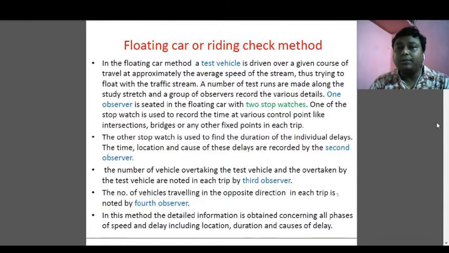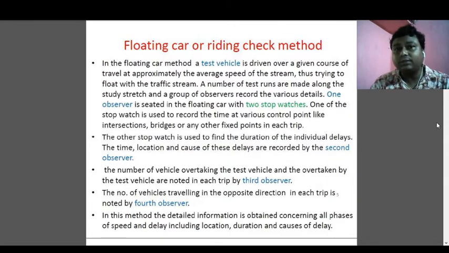A number of test runs are made along the study stretch, and a group of observers records the various details. One observer is seated in the floating car with two stopwatches. So get an idea of the floating car method, because here a number of surveyors are responsible during this survey. Be attentive to the responsibility of each type of surveyor.